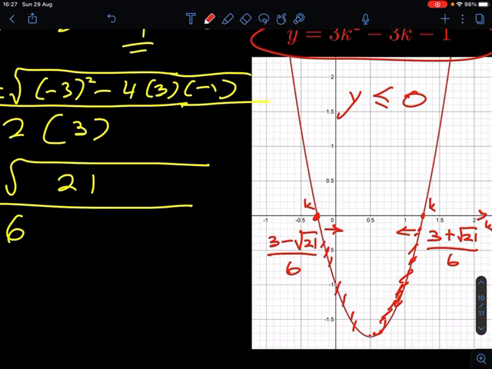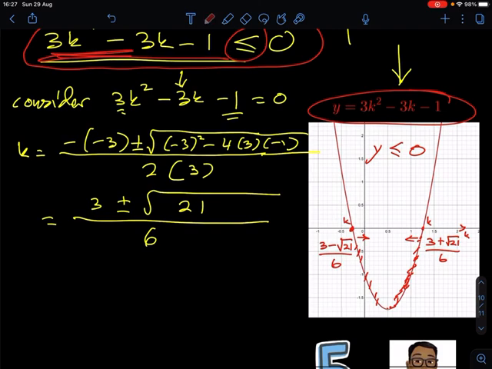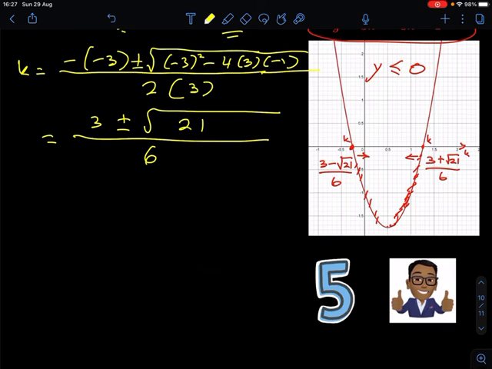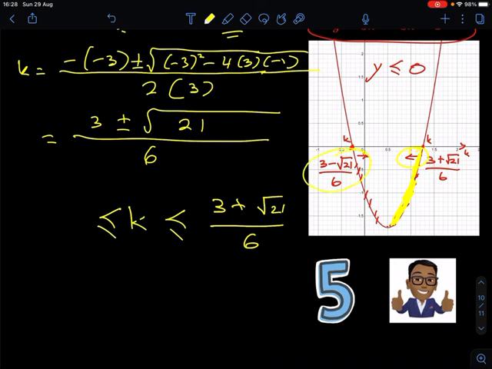So from here we know the maximum and minimum values of k. k must be less than or equal to this value, 3 plus square root of 21 over 6. It has to go to the left of this portion, and must be greater than or equal to the lowest point, 3 minus square root of 21 over 6.